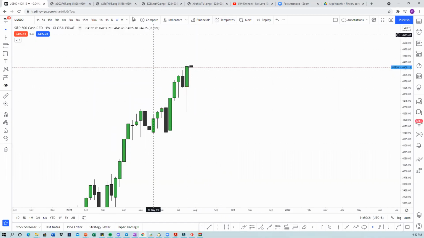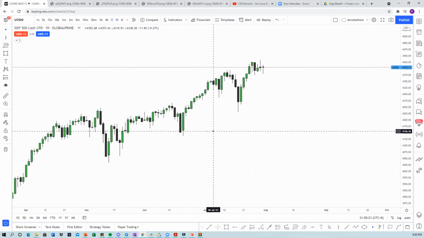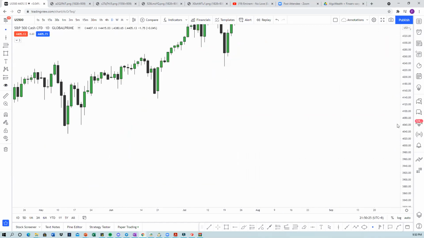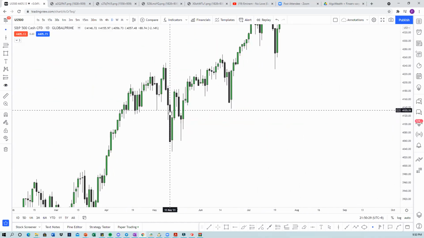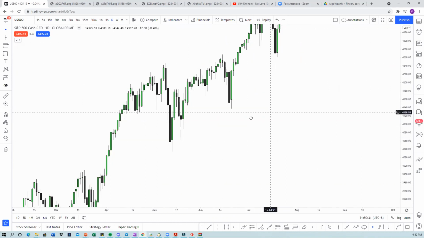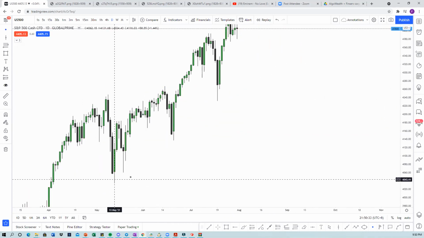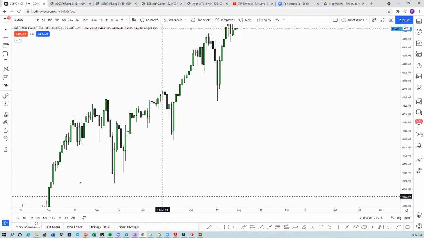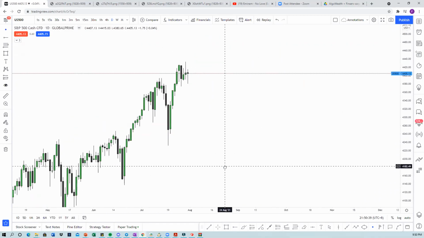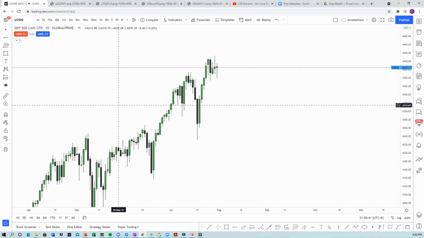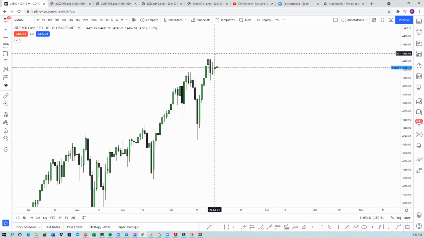On that daily, what can we see? We have a stop hunt down, then up, making this your strong low. And for now, this is your high.